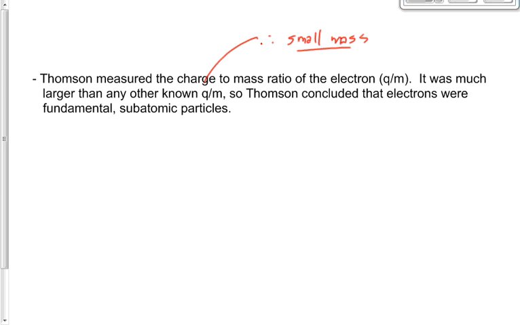And if they were small mass, smaller than any other mass ever measured, then they had to be subatomic particles, fundamental subatomic particles. Ironically, this was the first of the subatomic particles discovered. Electrons, and then later on came, what came after electrons? Protons and neutrons.